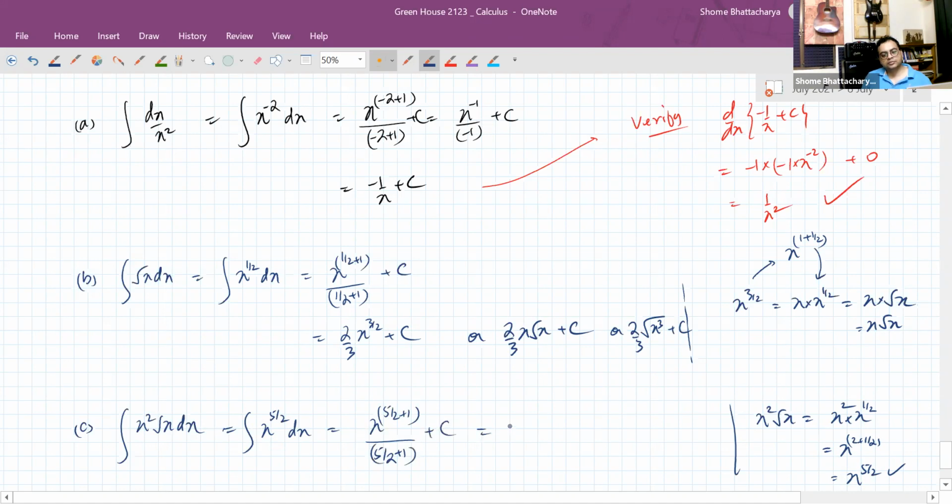And therefore this becomes 2 by 7 x to the power 7 by 2 plus c. And now again that x to the power 7 by 2, you can express it in many different ways. For example, you can express it as x cube root x, or like the previous one, you can express it as square root of x to the power 7 also.